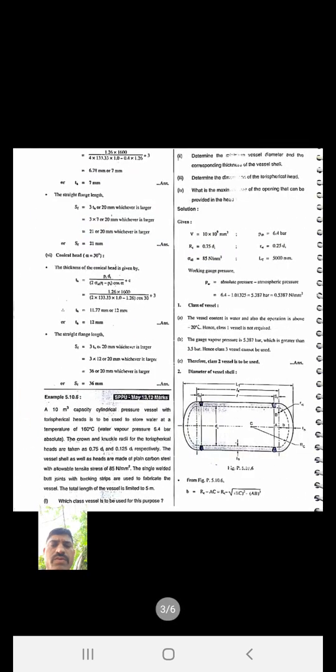One is the straight flange portion, and second is the torus spherical head on both sides, so here we need 2 into.